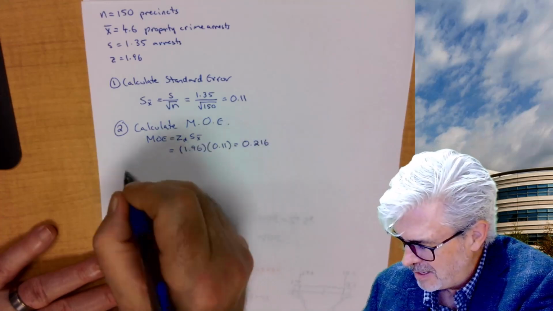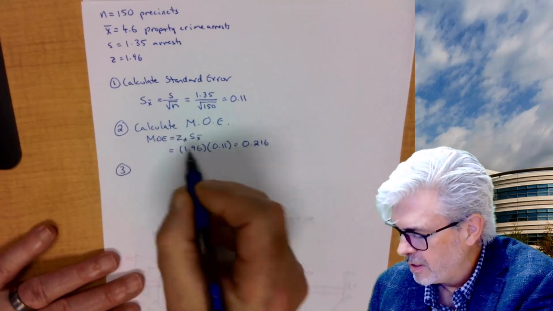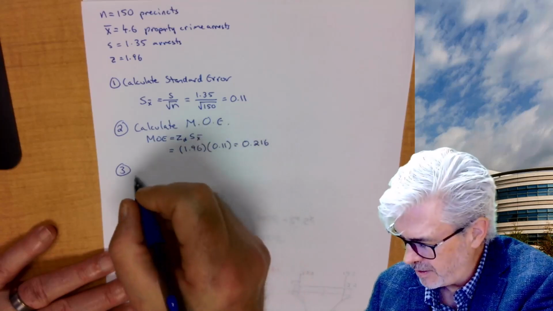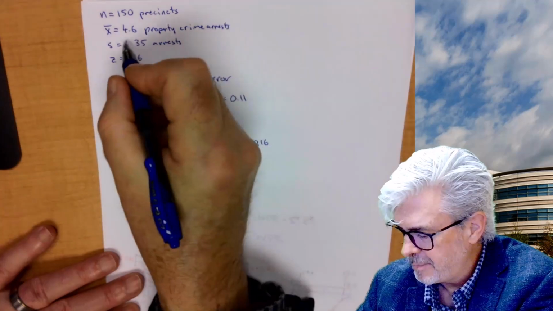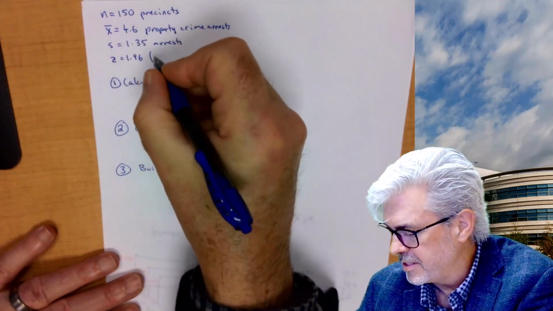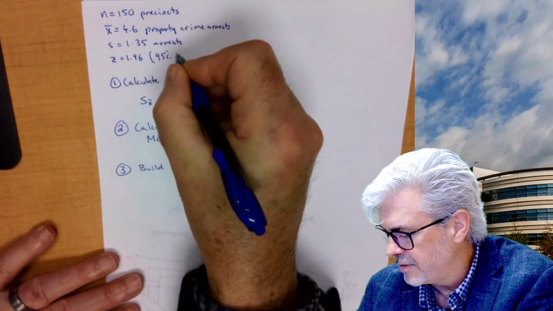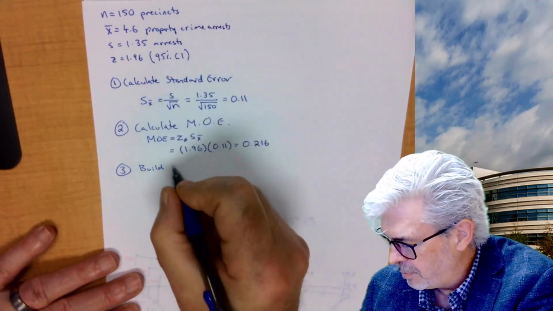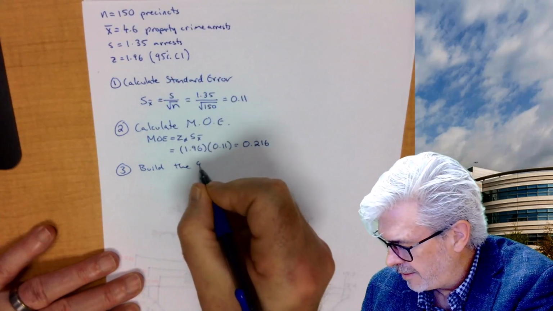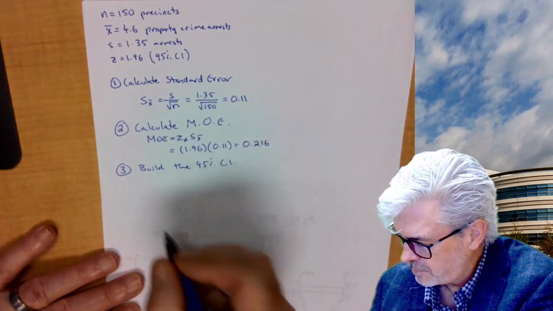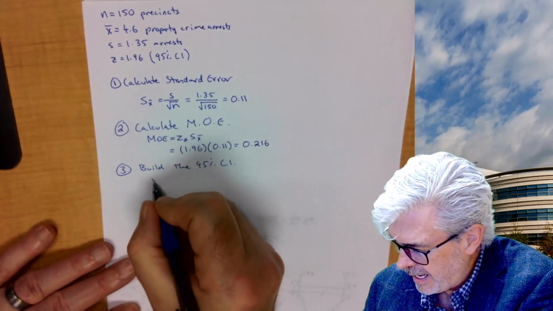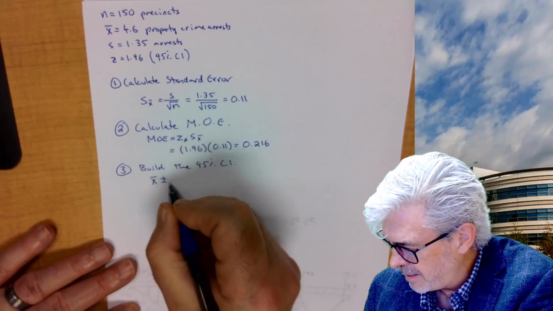All right. The third thing you're going to do is use this margin of error and build, in this case, the 95% confidence interval. Which means you're going to have x bar plus and minus Mo.